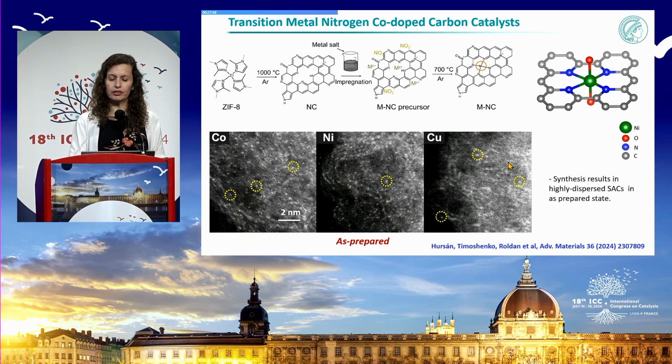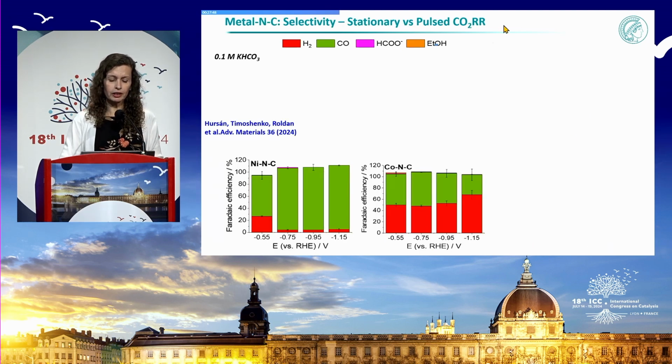Now the question is, is the single atom really doing the catalysis? And if not, what is happening with these materials? And what can we do maybe to tune this? So we started by looking under potentiostatic conditions. So we have a constant applied potential, and we look at nickel-NC catalyst, cobalt, and you see that nickel is the best one at producing CO. This is the product that you get with this type of materials, with these metal-NCs.